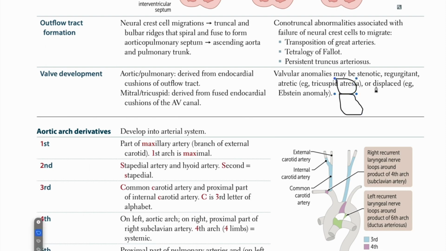But now what's happening in Ebstein anomaly is your atrium extends into the right ventricle, and now your ventricle that used to be like that is now like this. Okay, so the atrial part is in the ventricle, so it's called atrialization of the ventricle. Okay.